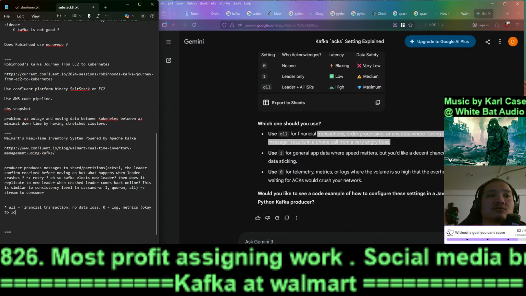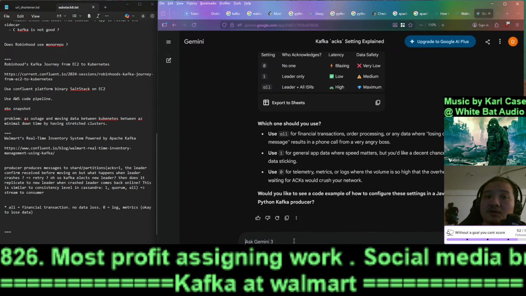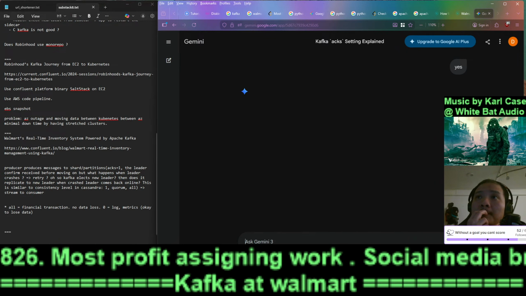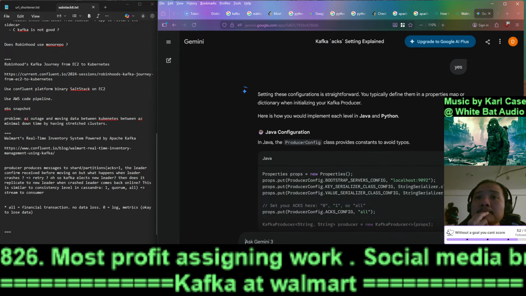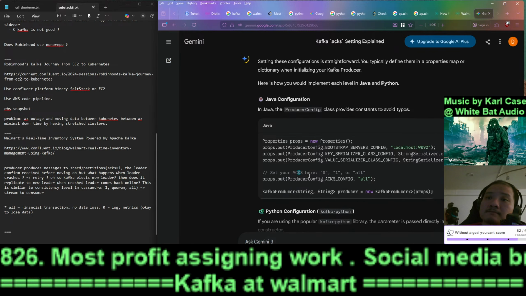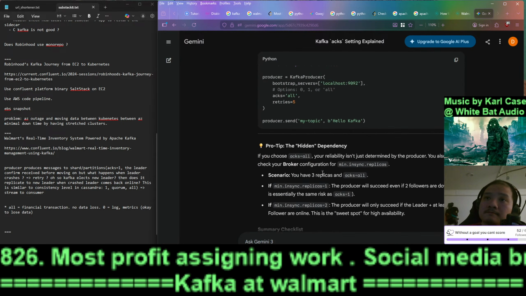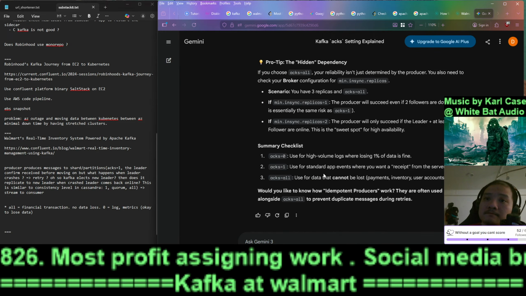Okay to lose data, right? Whatever it is. Yes. Give me some examples. So Walmart set it to 1. Chances are you still lose some, no?